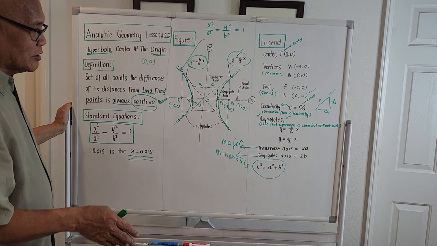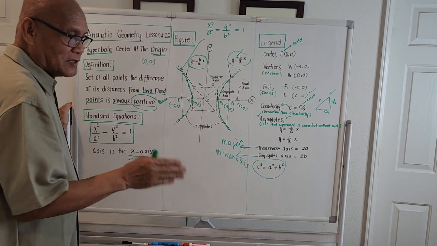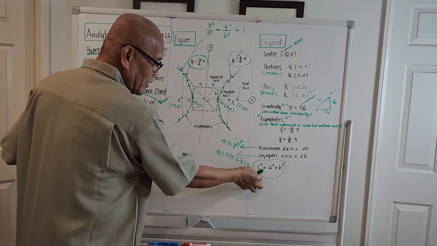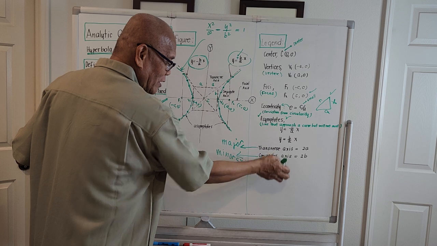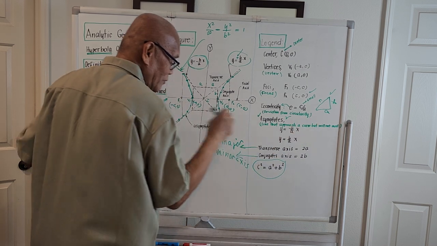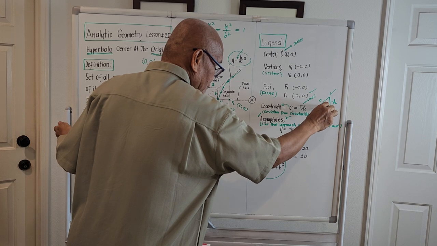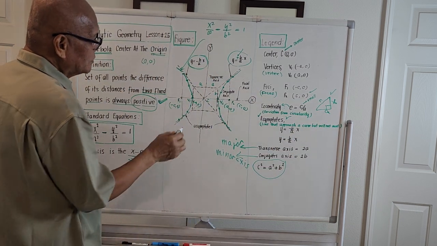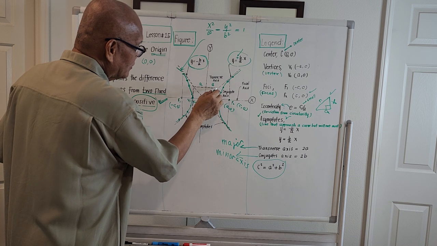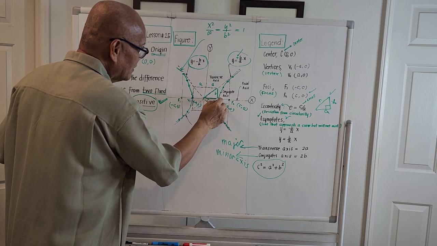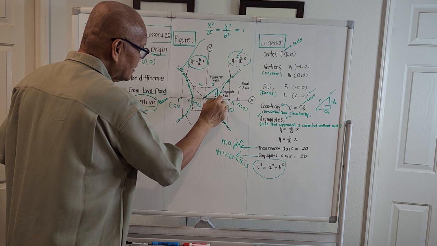And the last relation that is needed in the study of a hyperbola is that small letter c squared is equal to small letter a squared plus small letter b squared. It emanates from this one. It is just something like this. We bring out this triangle here. This is the right angle.